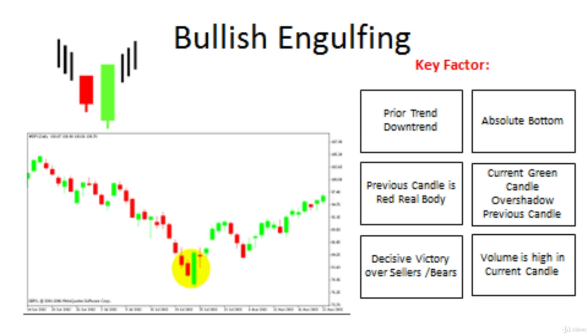The first candle is a red real body candle, and the next candle is a green big size real body, which overshadows or completely covers the previous candle's real body. This pattern is considered to be the bullish engulfing.